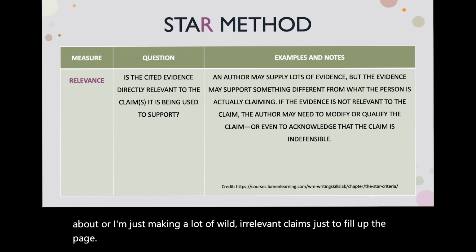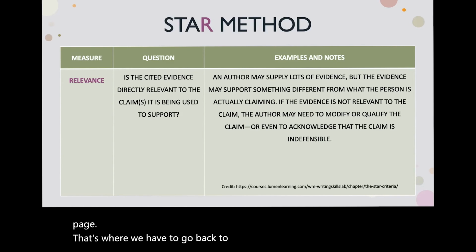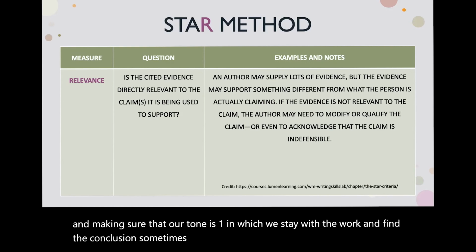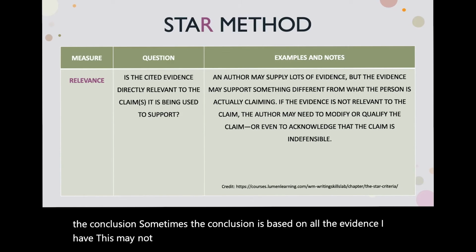That's where we have to go back to being complete, concise, concrete, clear, and making sure that our tone is one in which we stay with the work and find the conclusion. Sometimes the conclusion is, based on all the evidence I have, this may not be true.